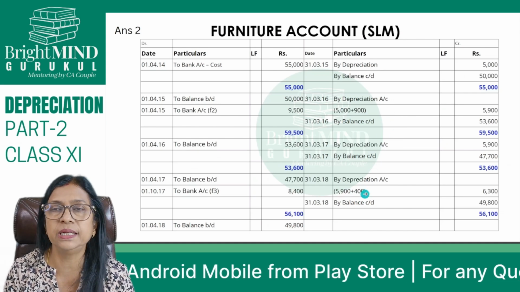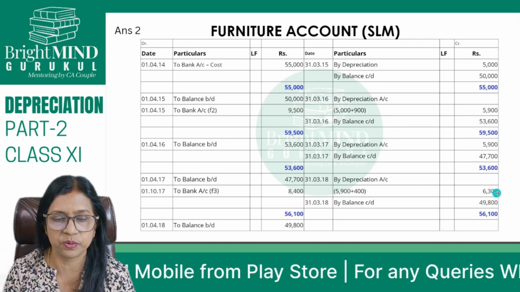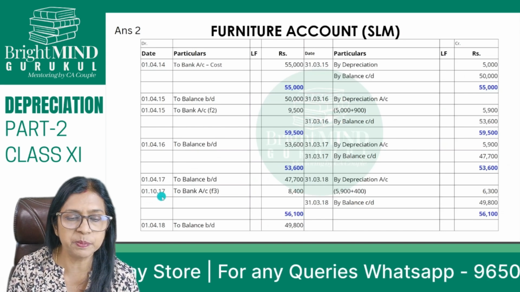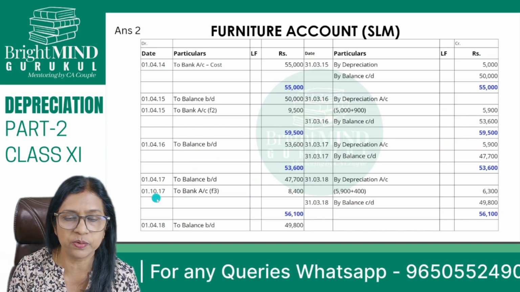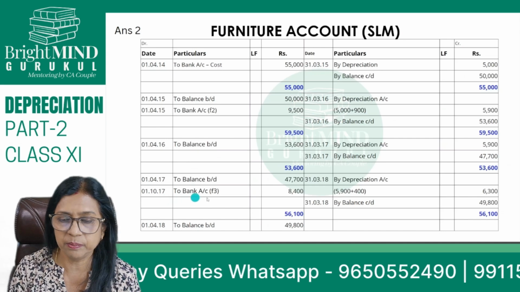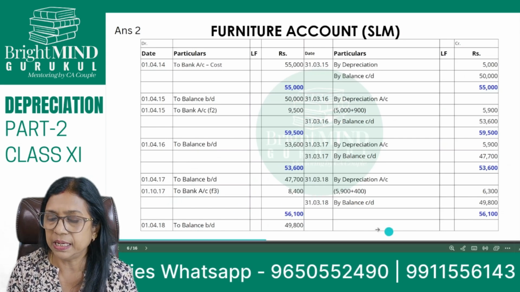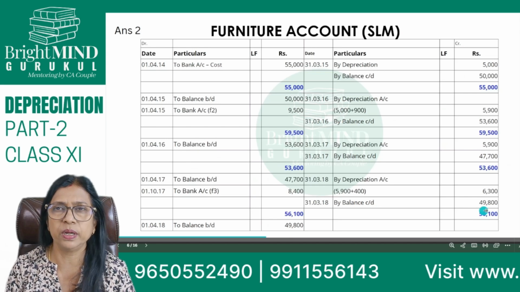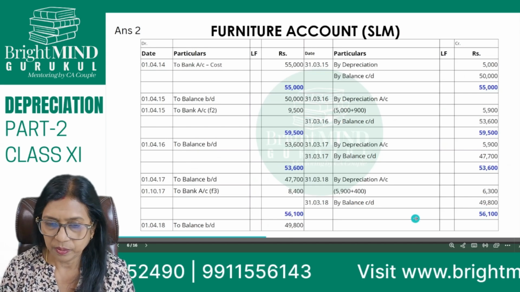So 6,300 is the new depreciation amount. So and another furniture is purchased on 1st October 2017. Here we are making the entry and the balance amount that is carried down is 49,800. So I hope this is clear.